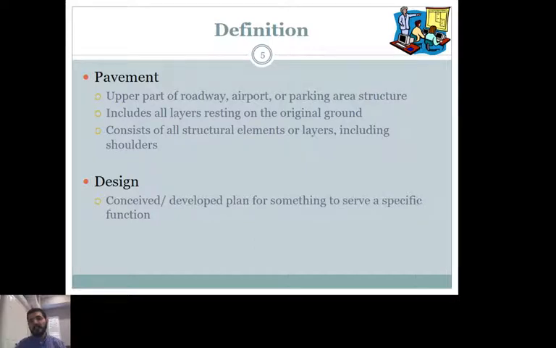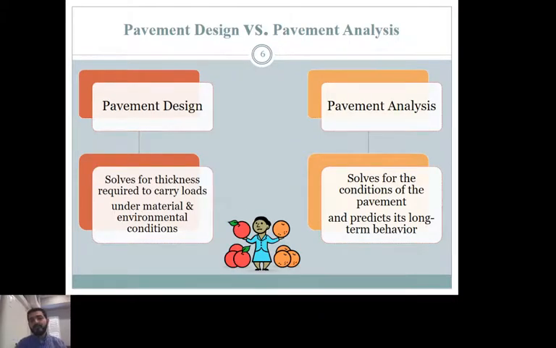When I say pavement design, basically this is the conceived or developed plan for something to serve a specific function. So in pavement design, we're going to design pavement for a certain thickness, for a certain strength, to handle a certain amount of traffic, as well as a certain climatic condition. The major difference between pavement design and pavement analysis is that as a pavement designer, you're going to solve for thickness.